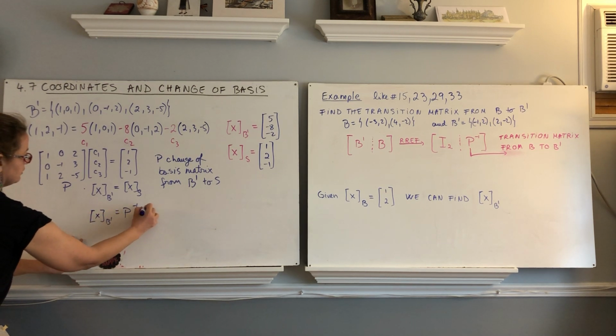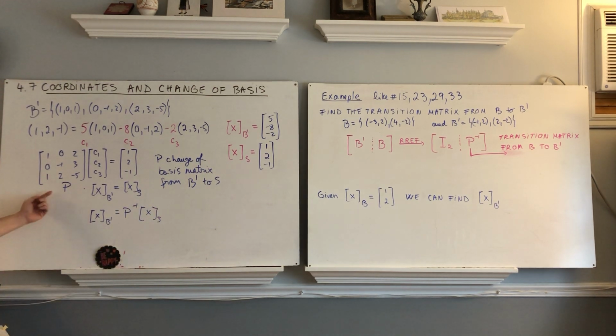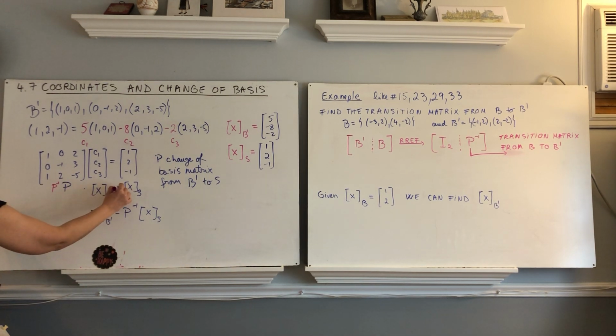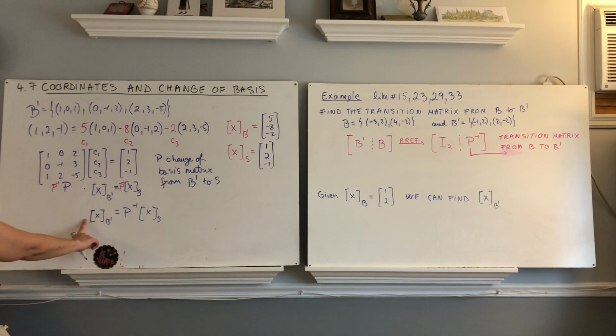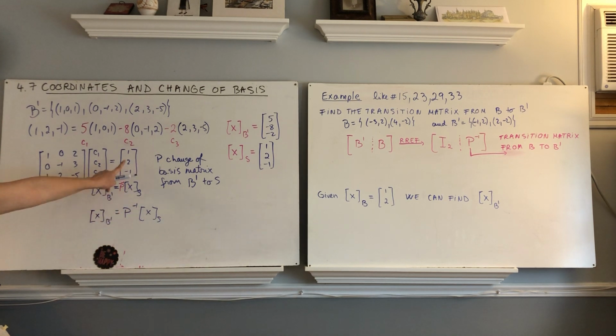I know P inverse exists because these vectors are linearly independent, since they're a basis. Then P inverse times P turns into the identity, which keeps everything the same when multiplied. So we get the coefficients by just multiplying 1, 2, -1 by the inverse of P.